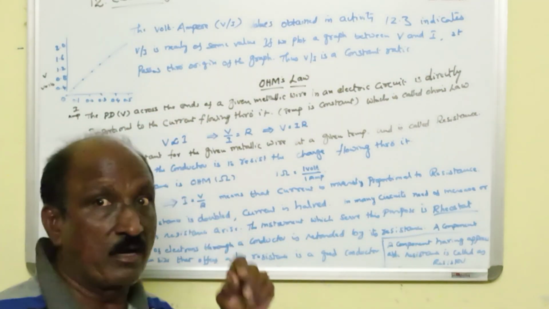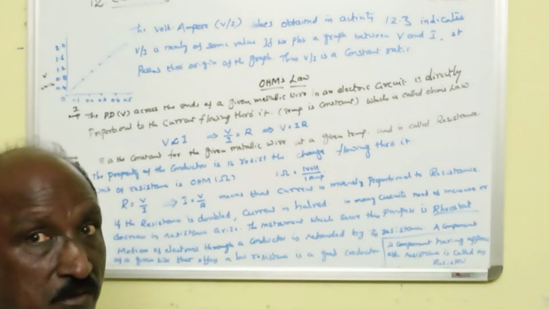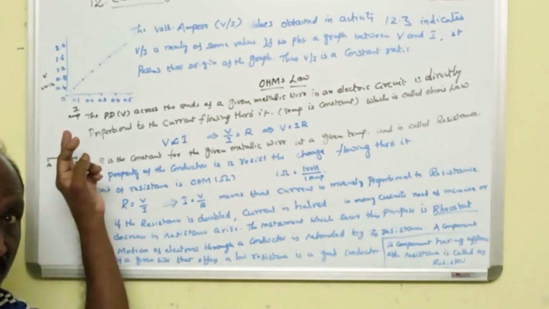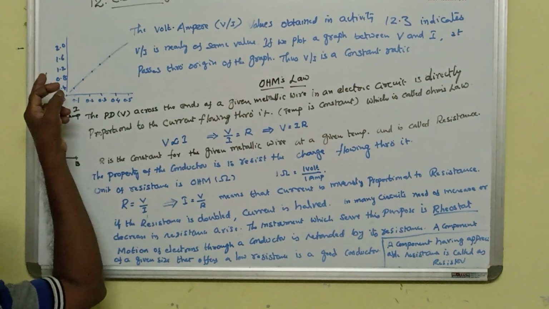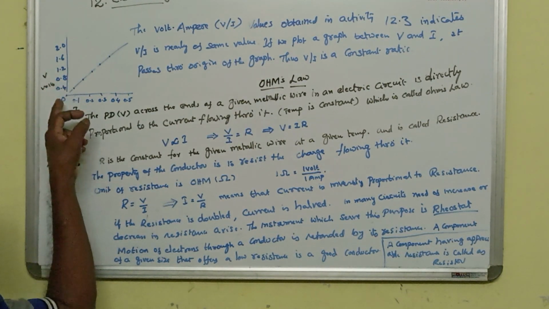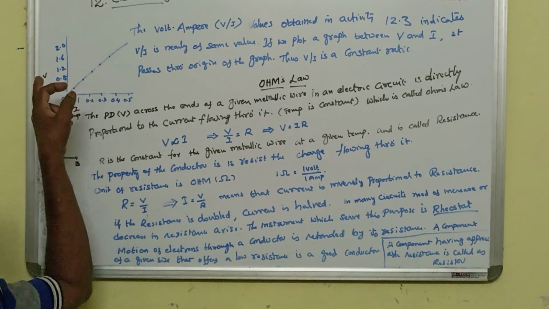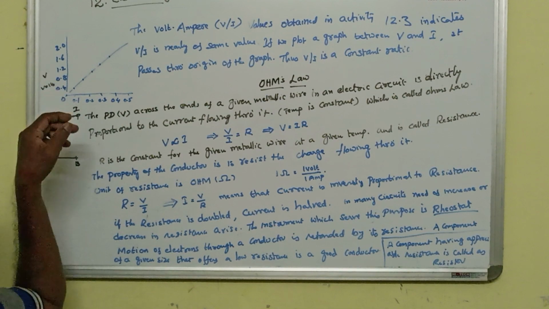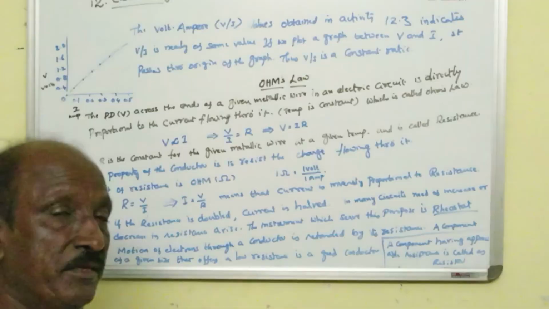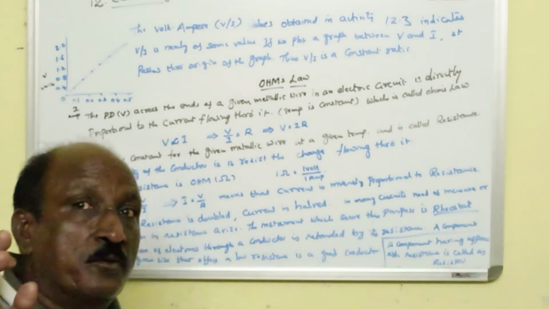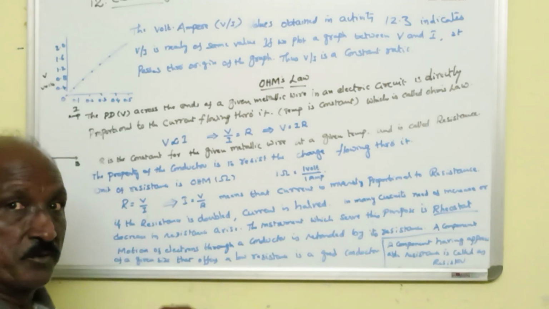You have to plot a graph, for which marks will be awarded, and mention the voltage and the current: the x-axis is the current and the y-axis is the voltage, and you have to mention the units and everything. That is a lab activity you should come to know while going through that experiment.